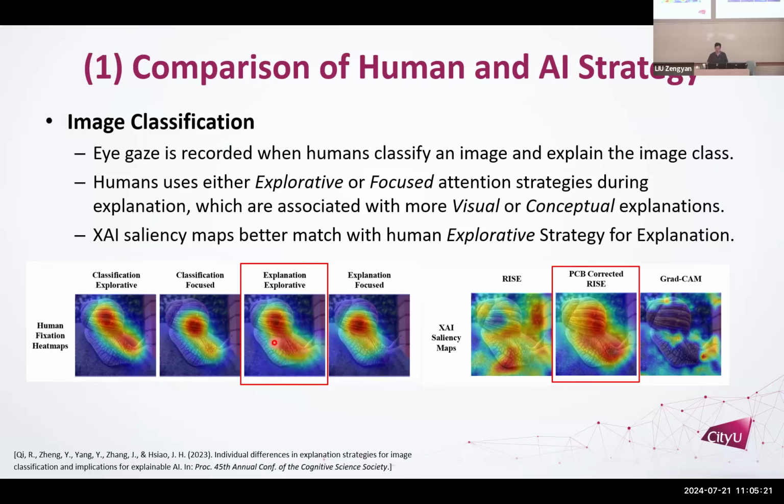One is an explorative strategy, which means we look at more parts of the image, and one is a focus strategy. If we look at the XAI saliency maps, the AI tends to also use an explorative strategy. So sometimes we will match with a person's strategy, sometimes we won't, and we need to keep this in mind when we design our XAI.